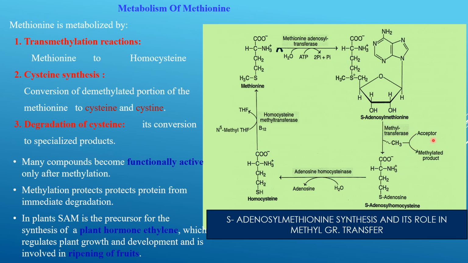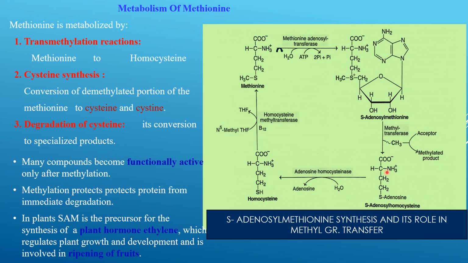So there should be one acceptor in this reaction. The acceptor is going to accept the methyl group and convert into the methylated product. I can give one example, norepinephrine to epinephrine conversion. This all happens just by acceptance of the methyl group.